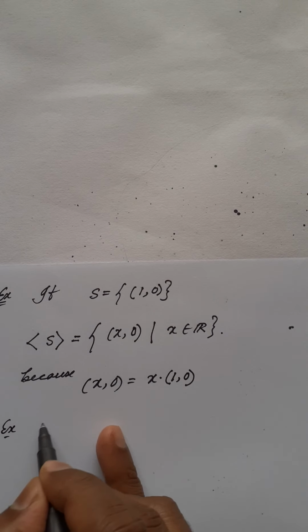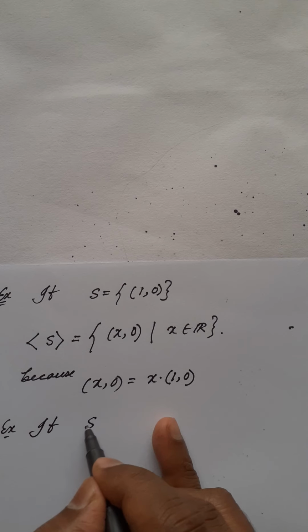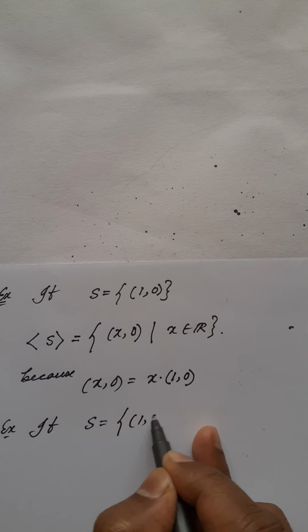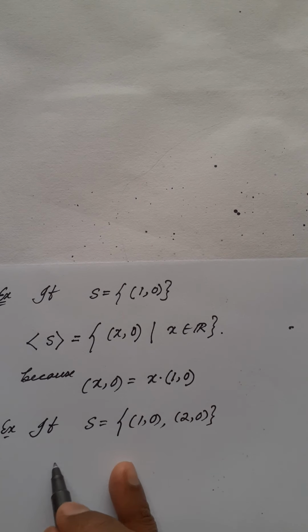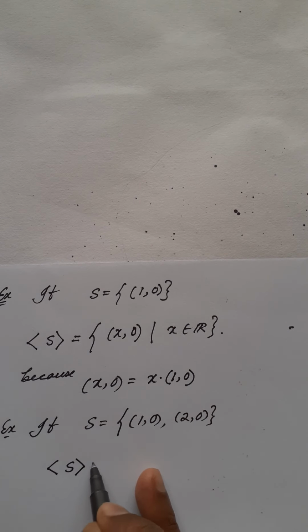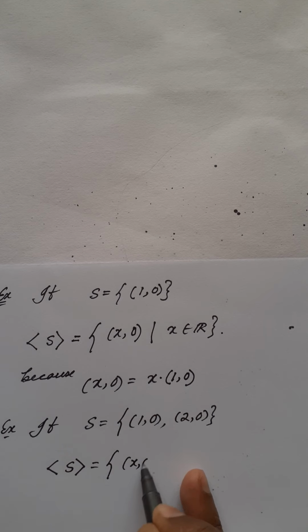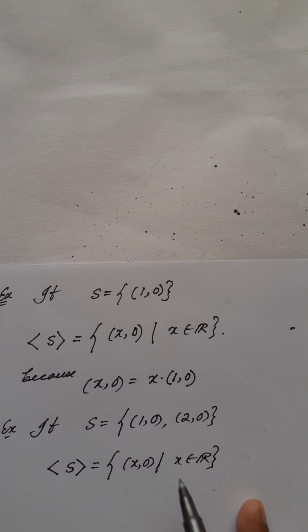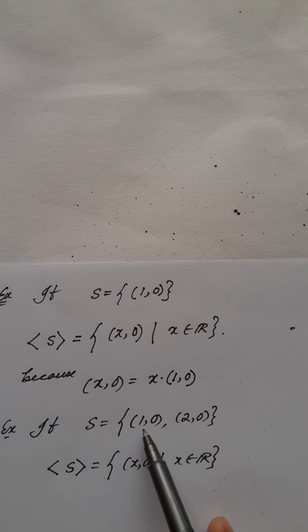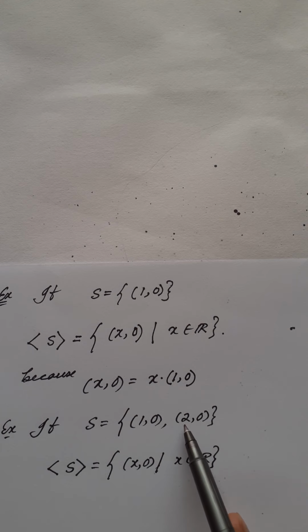Next example: S is (1, 0) and (2, 0). Notice that in this case also the span is {(x, 0) such that x is in R}. We are not actually getting anything extra. Any vector (x, 0) is x times (1, 0), or we can also write it as x by 2 times (2, 0).